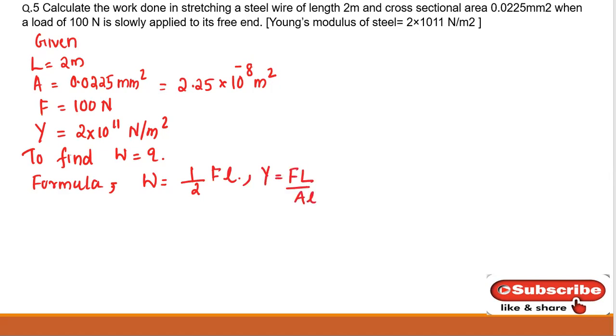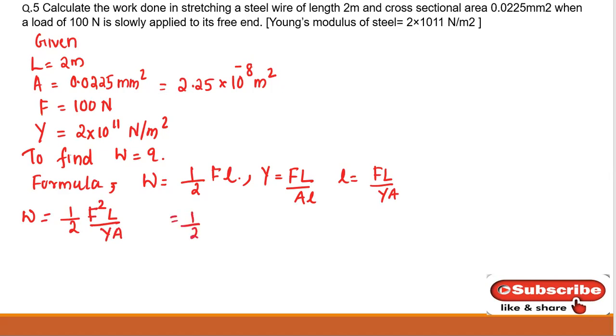From this we can write L is equal to FL upon YA. On substituting this value of L in W, we will get half into F into FL upon YA. F into F is F square, L upon YA will come. Okay, now we can substitute the values.